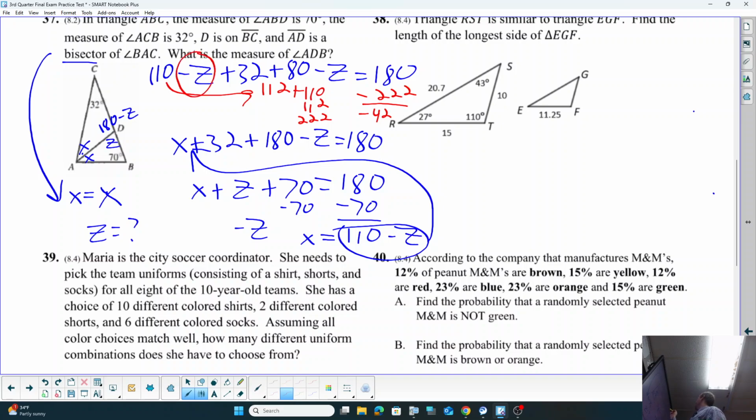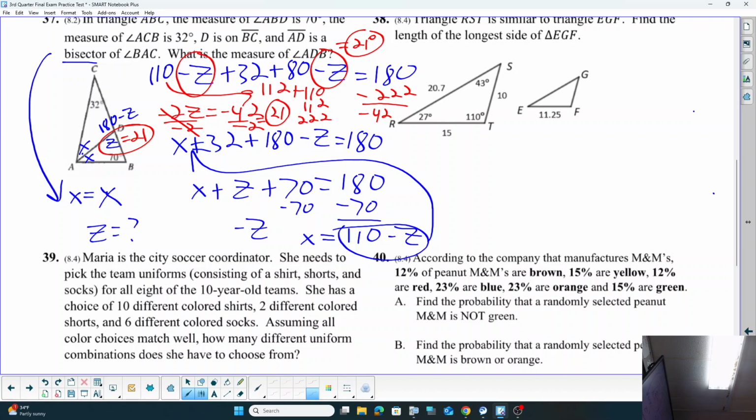So now we have our negative z and our negative z, so that's going to be a negative 2z. What a doozy! And we're going to divide by negative 2 to solve for z. 42 divided by 2 is 21. The answer is 21. That was crazy. ADB is 21. Nice. Good job.